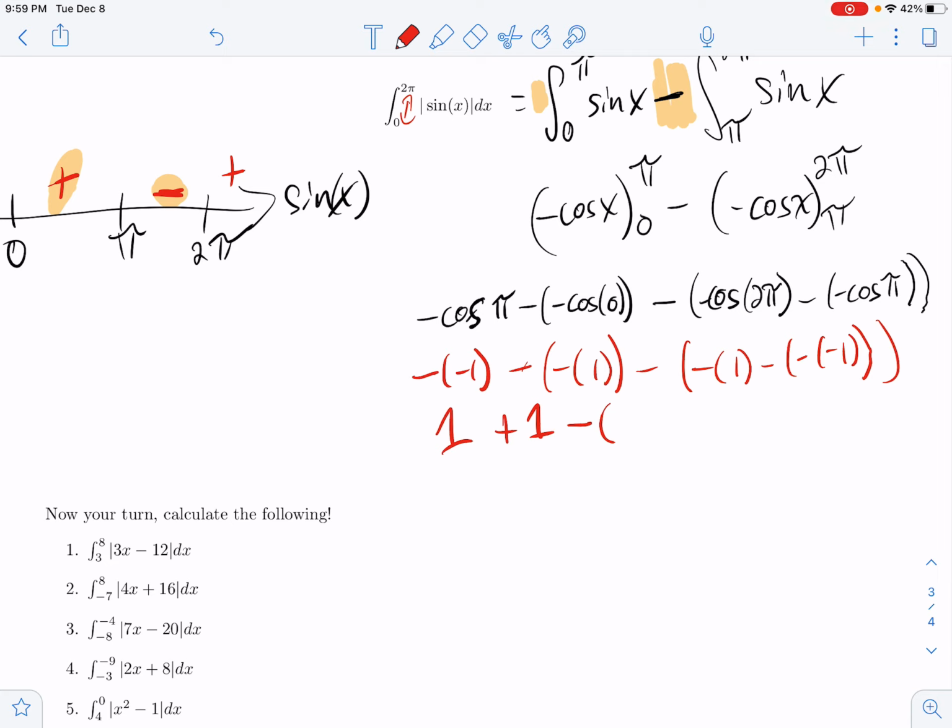Minus. This is what? Minus 1. This guy's still minus 1, and that becomes minus plus 1. These two minuses become a plus. So this is what? 2 minus 2, which is 4. All right? So, do the problems.